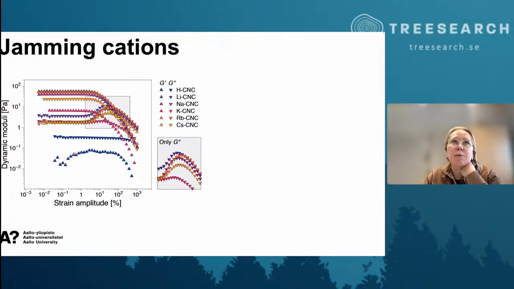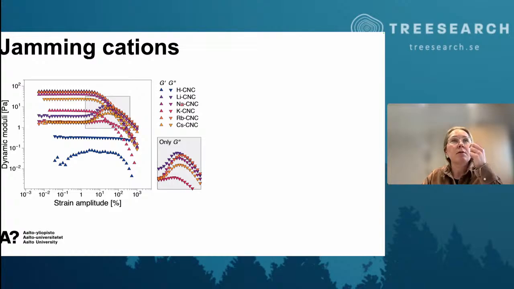We observe the G prime and the G double prime, the storage modulus and the loss modulus. With our non-modified version, we have a liquid-like behavior, so the loss modulus is higher than the storage modulus. Then we have another set of behaviors with the modified celluloses, where we see more gel-like behavior, where the G prime is higher than the G double prime.